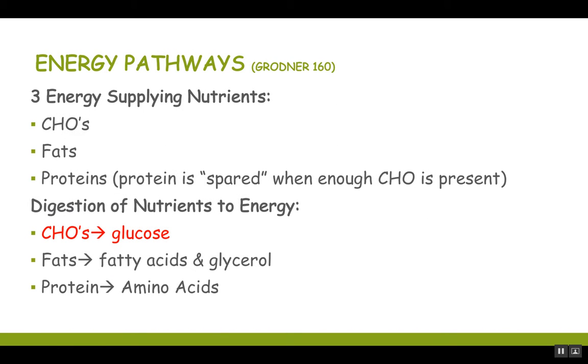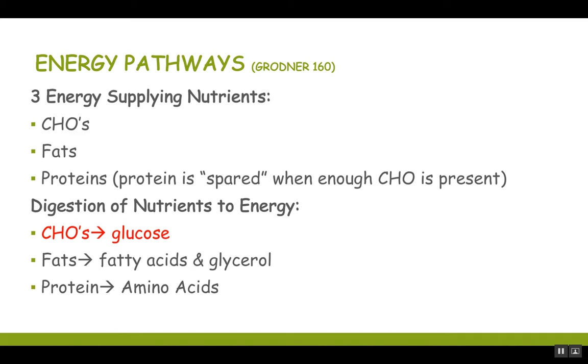So how we get energy: as you remember from the other lectures, we've talked about the amount of calories that are assigned to carbs, fats, proteins, and alcohol. Those are our energy sources, with the exception of alcohol. Carbs, fats, and proteins are the order in which energy is used, and we're going to talk about that sparing. The third line of energy source is protein, and protein is spared.